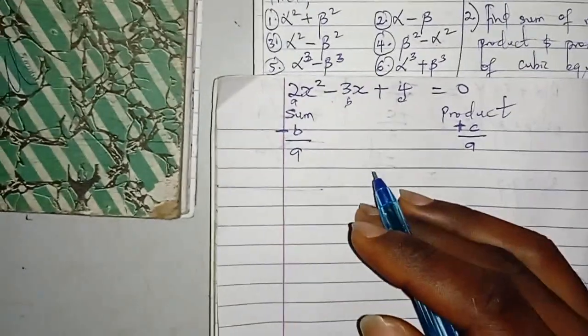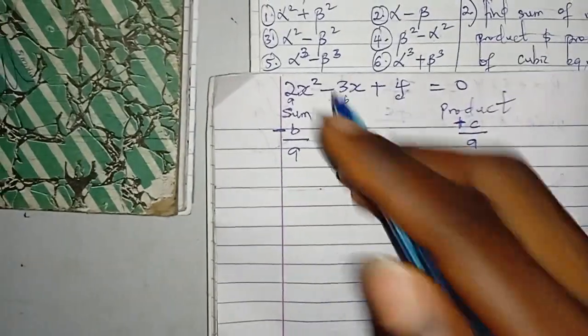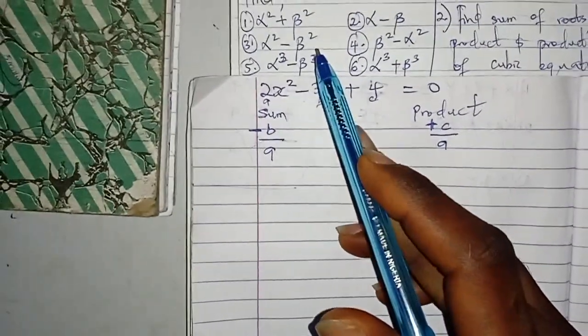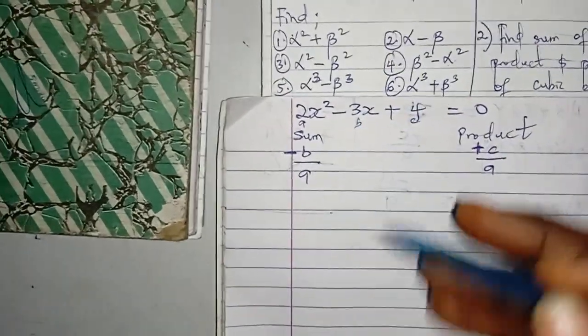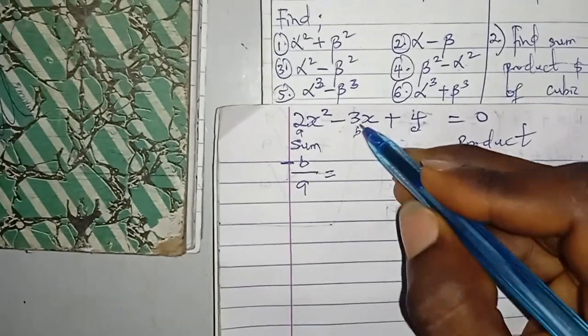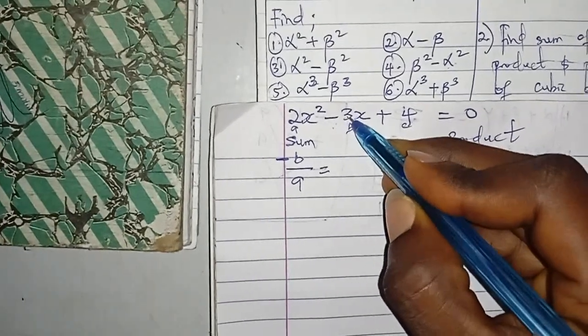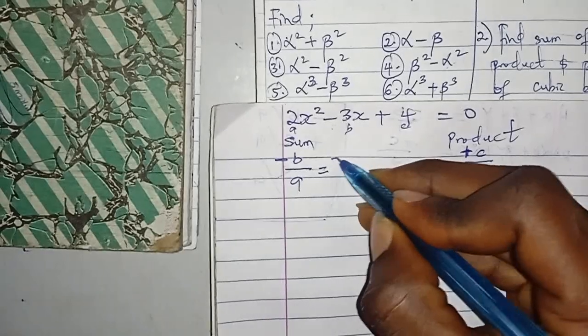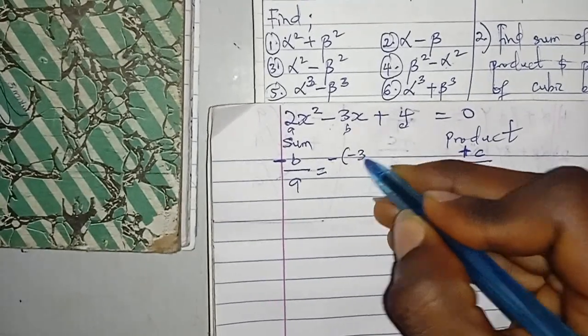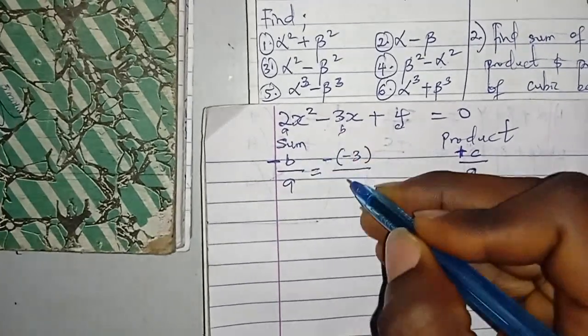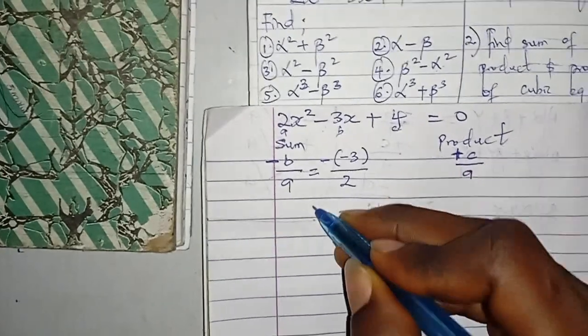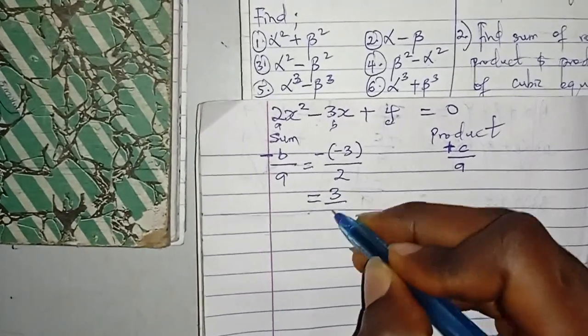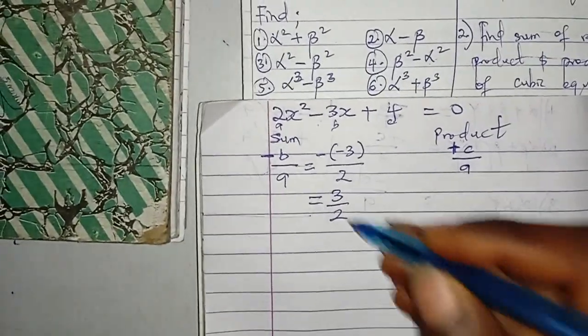Now, let's try to find the sum first from this equation. They did not tell us to find it, but we can first find it. The sum will be equal to minus B, which is minus of minus 3, all over A, which is 2. So it's the same as saying 3 over 2 is the sum.